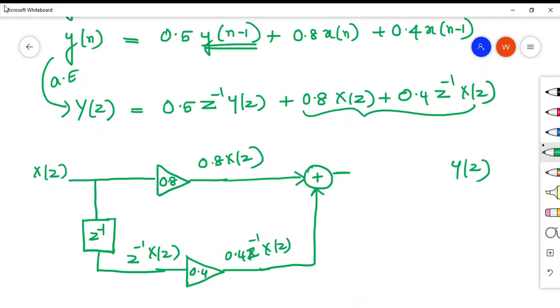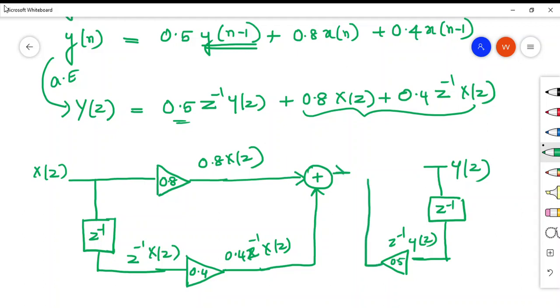So from y of z you have to take z inverse. So what you are supposed to obtain at this side is z inverse y of z. You need to multiply it with constant 0.5. So just multiply it with constant 0.5. Then it has to be added with the output coming here. So again you have an adder.